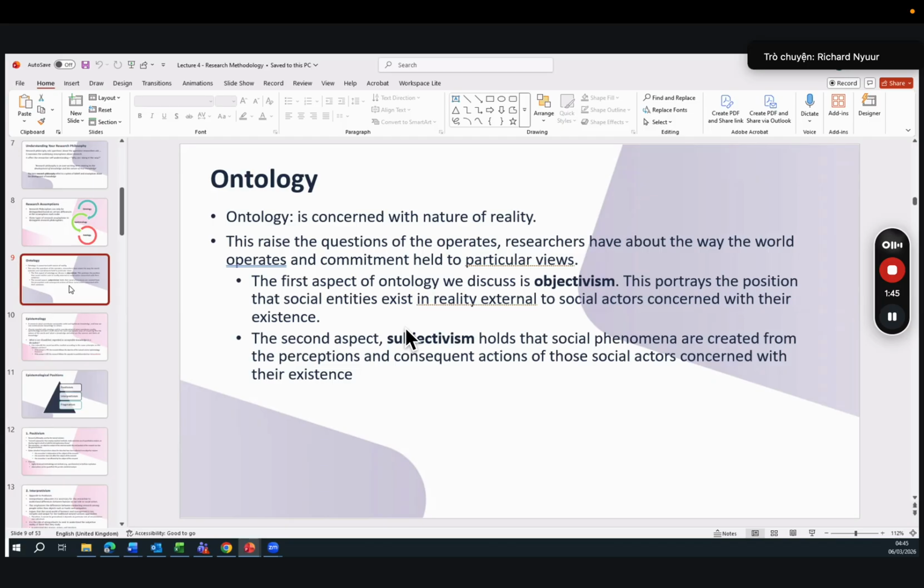So there is reality that exists external to a social phenomenon. But the second part talks about the fact that reality is not actually objective, it's subjective. Reality is based on people's perceptions, it's based on phenomena, it's based on what happens within people's activities, people's decisions. And therefore, it is a consequence of the actions of those social actors.